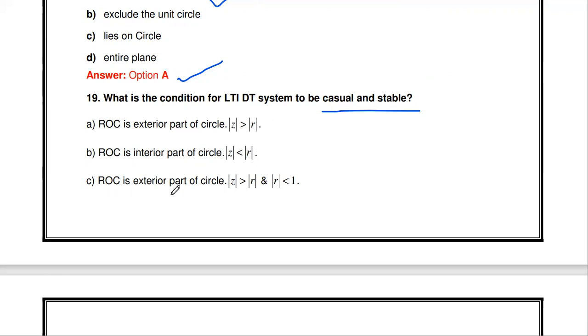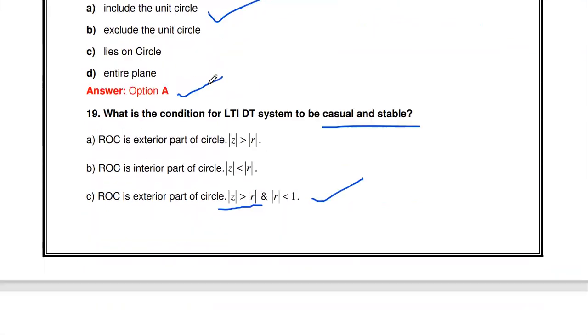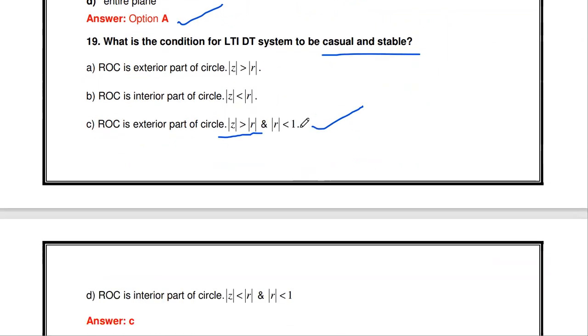No. The ROC is the exterior part of a circle, and the radius R should be less than 1. Yes, correct. So this one is causality, and the ROC including the unit circle is stability. So the radius value should be less than 1. This is the combined condition for a system to be causal and stable.